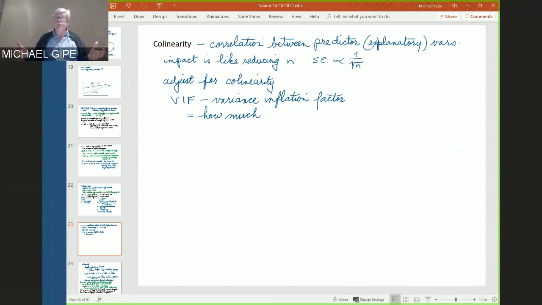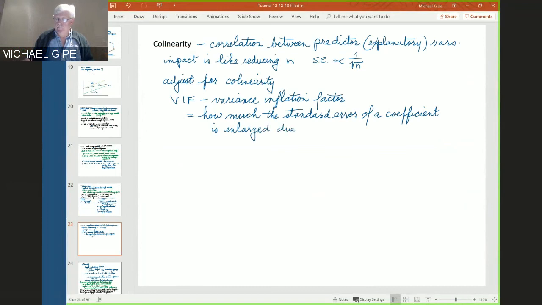And of course, if you have a larger standard error, it means that the confidence interval for the coefficient of that variable is wider.